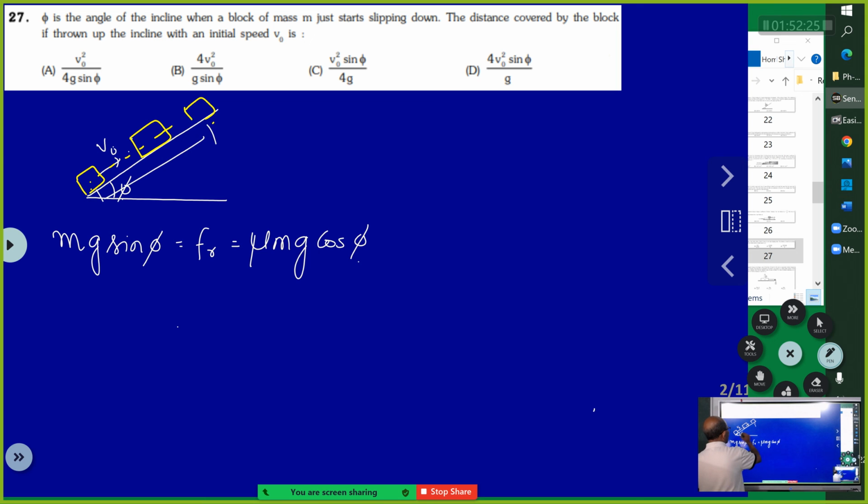So this distance d is what they're asking. You can solve by many methods.